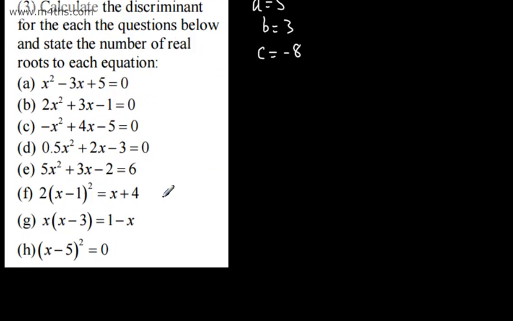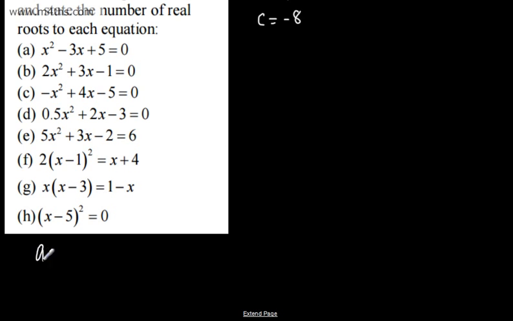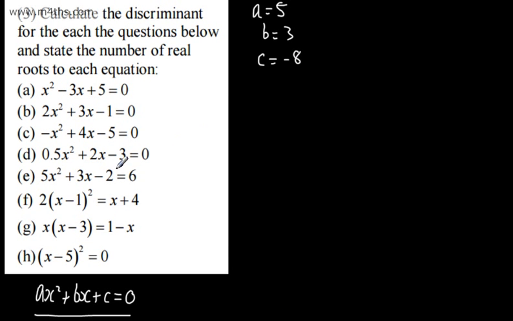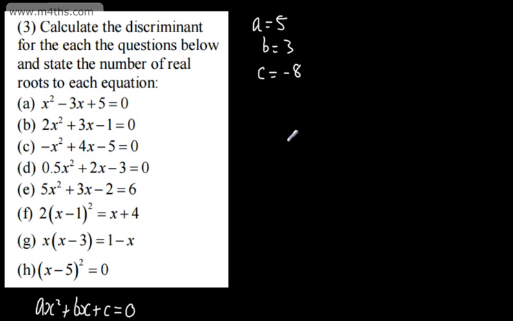Remember, these must be in the form ax squared plus bx plus c is equal to 0, so we can evaluate the discriminant. The value of c is not negative 2, as the right hand side is not equal to 0.